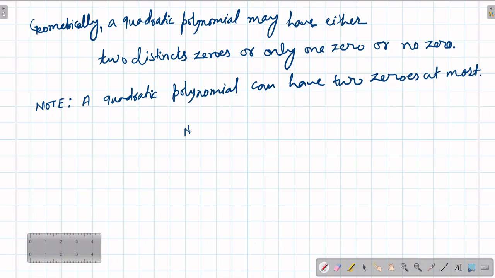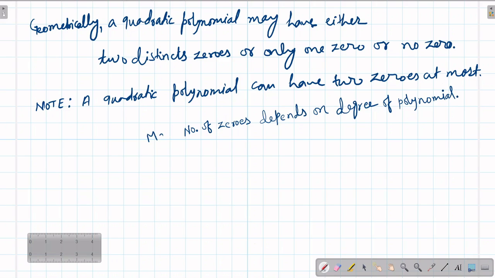This is because the number of zeros depends on the degree of the polynomial, and more precisely you can write here, the maximum number of zeros depends on the degree of the polynomial.